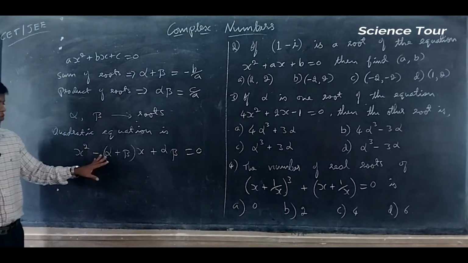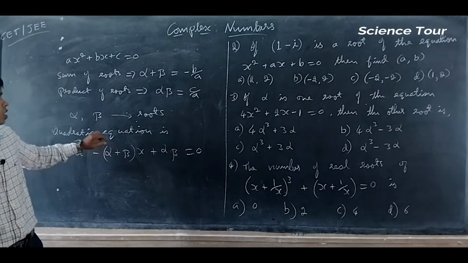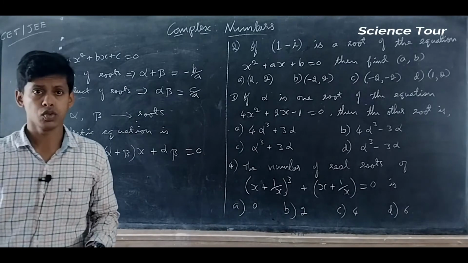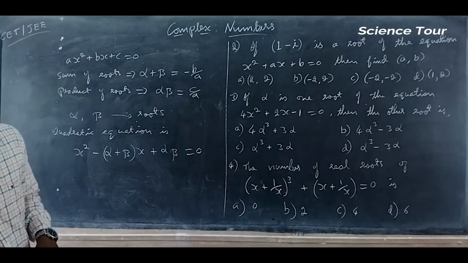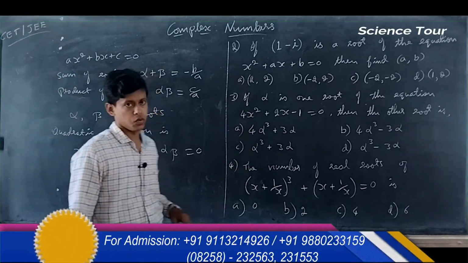So this formula also you must remember. If the roots are given, you can write the quadratic equation. If the quadratic equation is given, we can find its roots, okay, using sum of the roots and product of the roots formulas. So let's go for the first question.